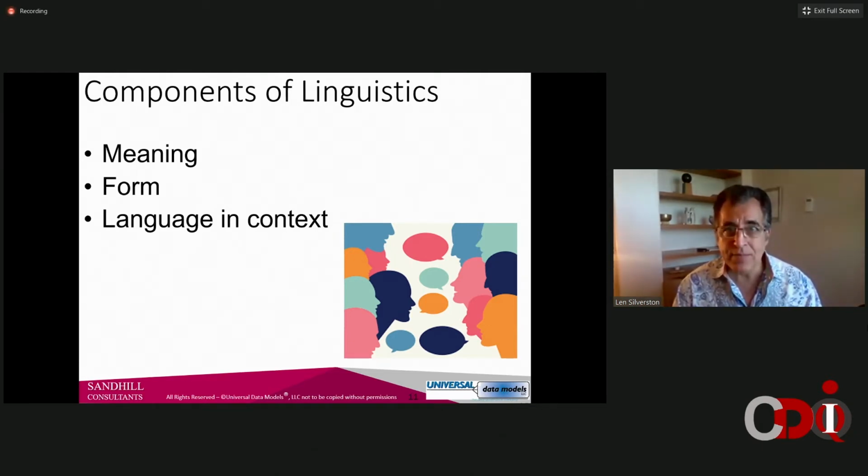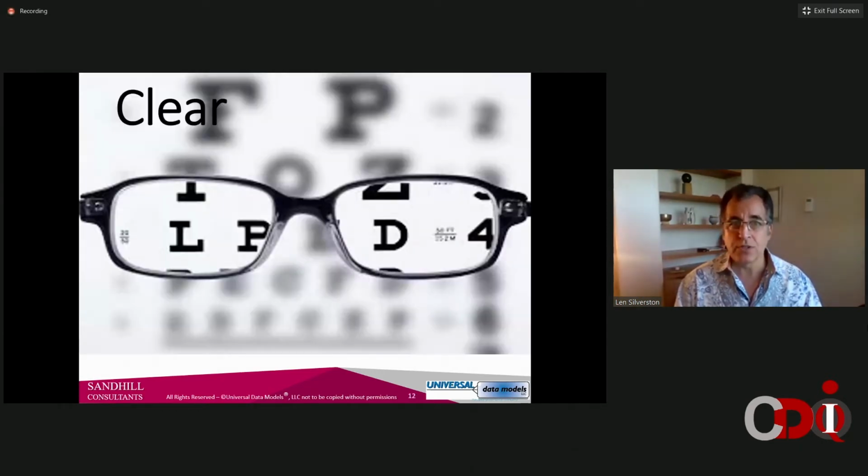And when you look at it, there are so many branches of linguistics, like meaning, for example, semantics or etymology, or form. There's universal grammar, and language in context, which is pragmatics, one of the disciplines in linguistics. So if we study linguistics, we can help, getting back to this idea of being productive, being in service, and having good return on investments.